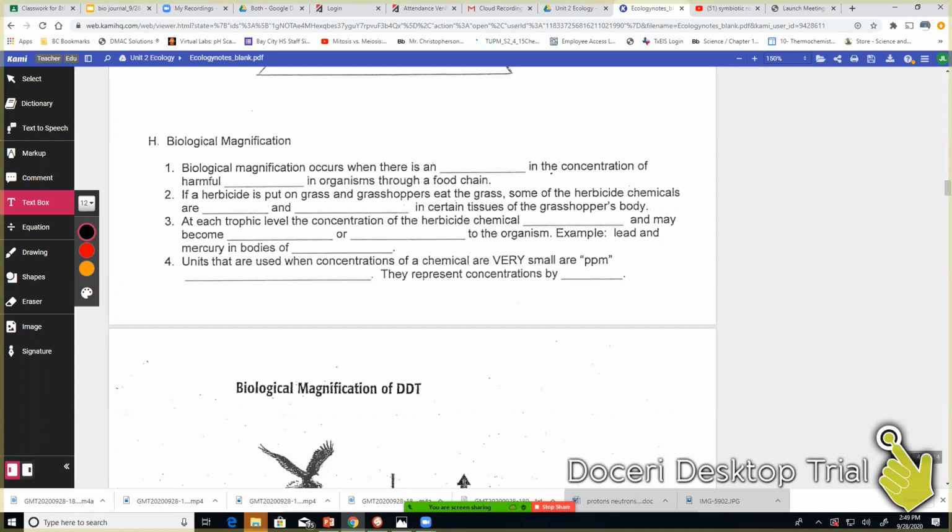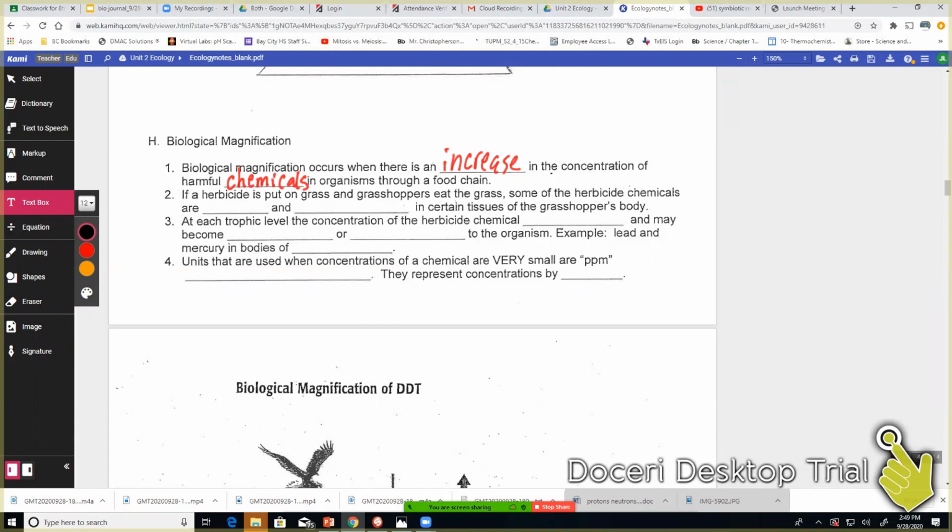All right, so biomagnification occurs when there is an increase in the concentration of harmful chemicals in organisms through a food chain. So like energy decreases, but if you have some kind of harmful chemical, it's actually going to increase as you move up a food web or up a food chain.